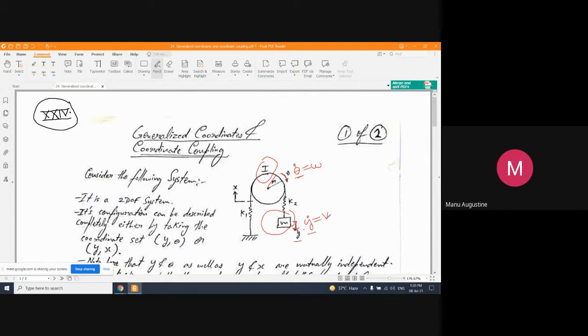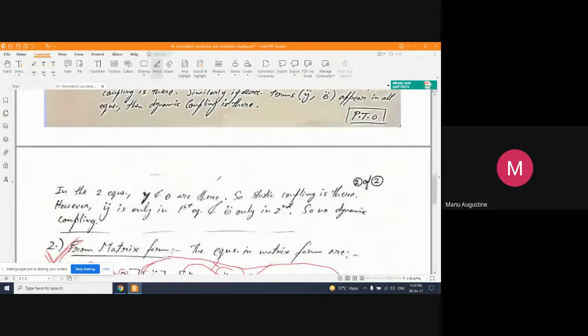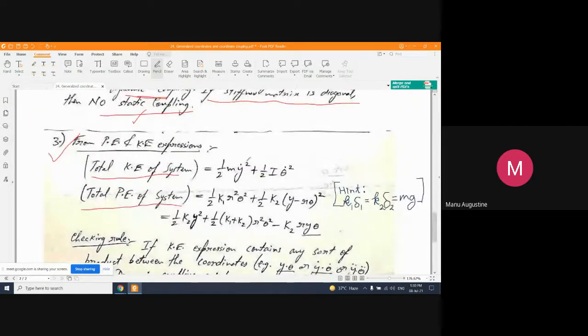It's half m v square. What is the rotational kinetic energy of inertia element I having instantaneous angular velocity omega? It's half I omega square. So what is the total kinetic energy? It's very easy to state: half m v square plus half I omega square. That's it. So we have developed the expression for total kinetic energy of the system.